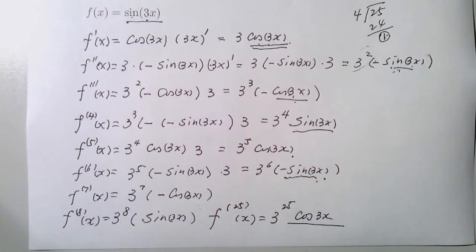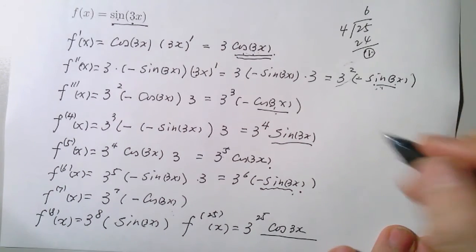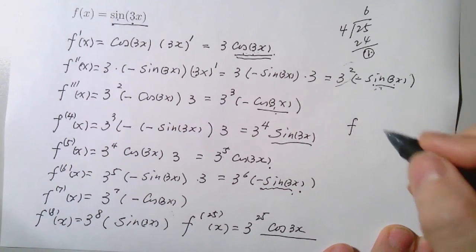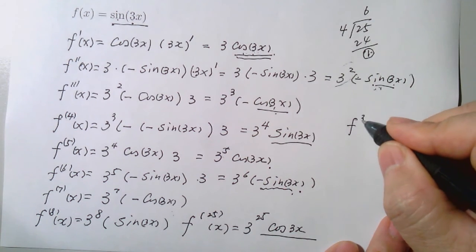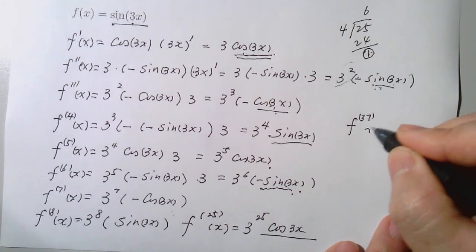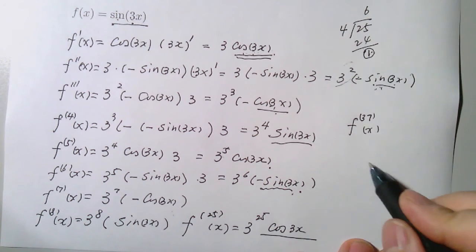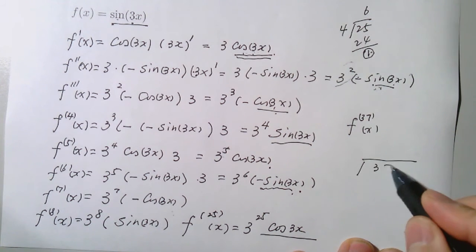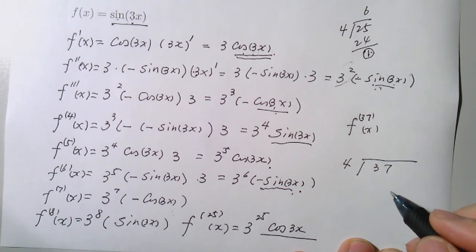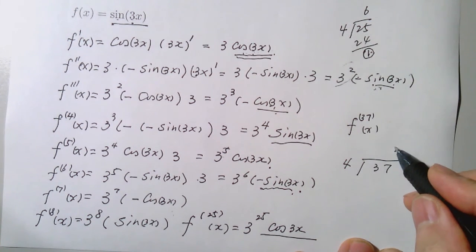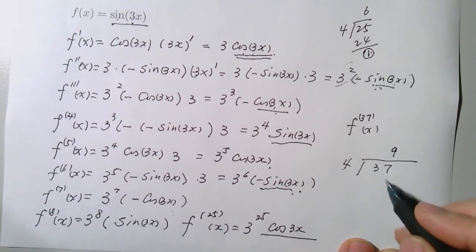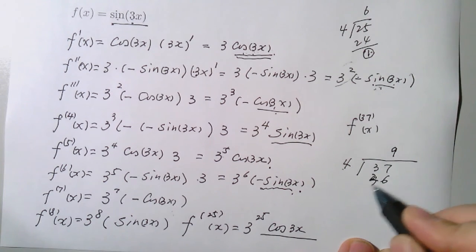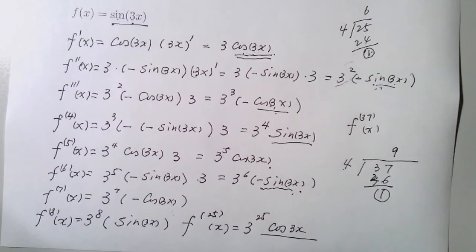Now, how about the 37th derivative? Same thing: use 37 divided by 4, and 4 times 9 is 36. The remainder is 1 again.